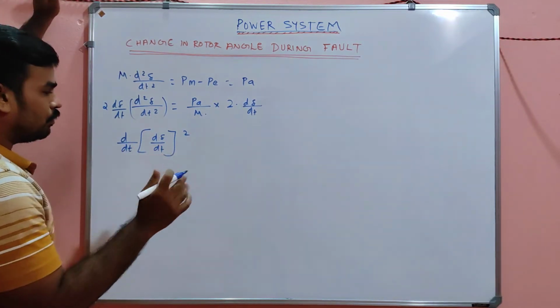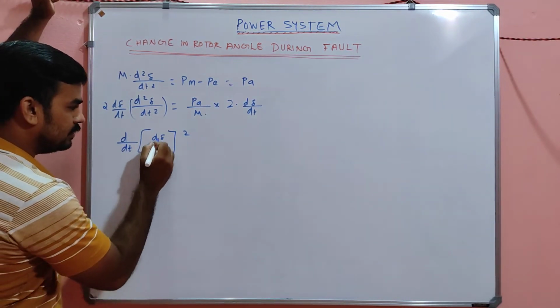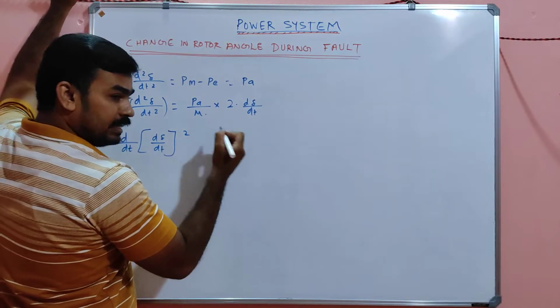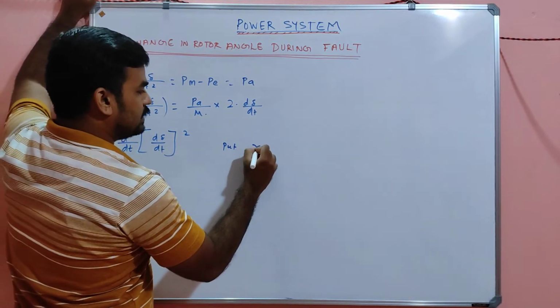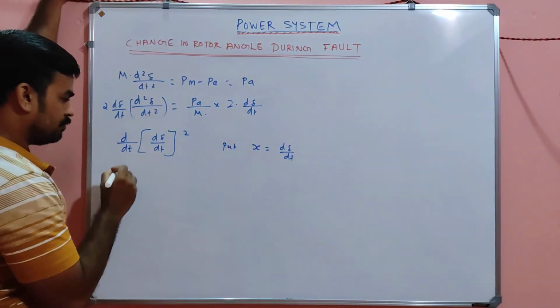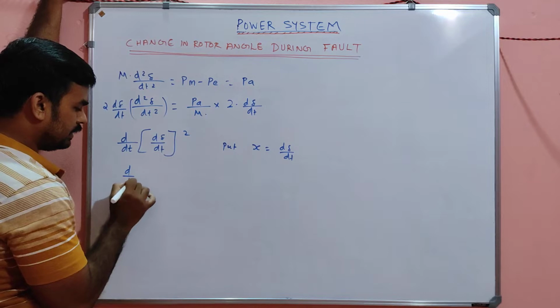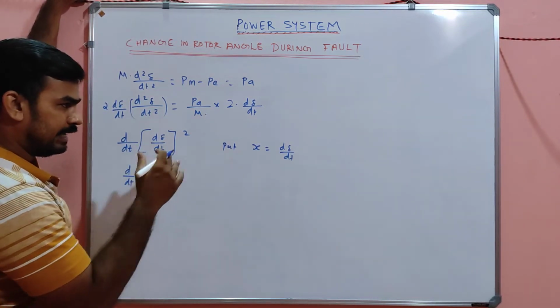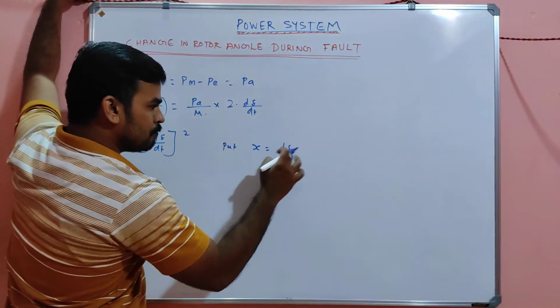If you have any doubt, put a constant as this. For checking, put x is equal to d delta by dt. You just imagine, instead of x, a time function will be there now.